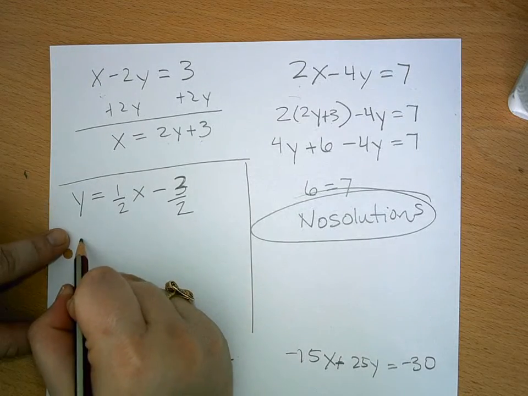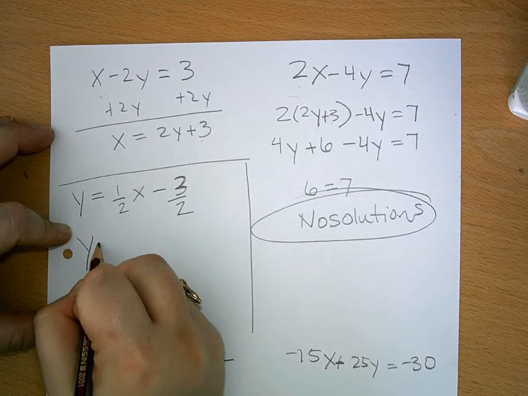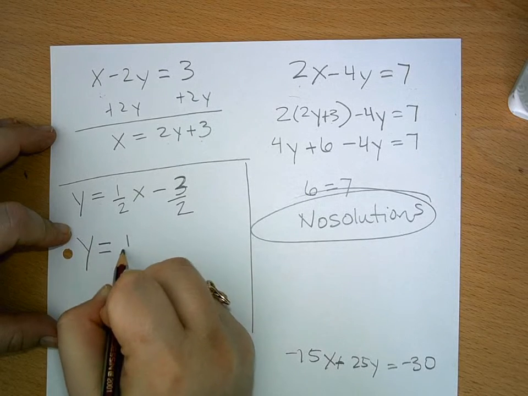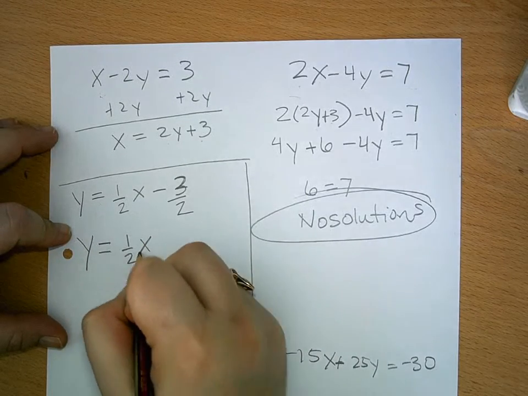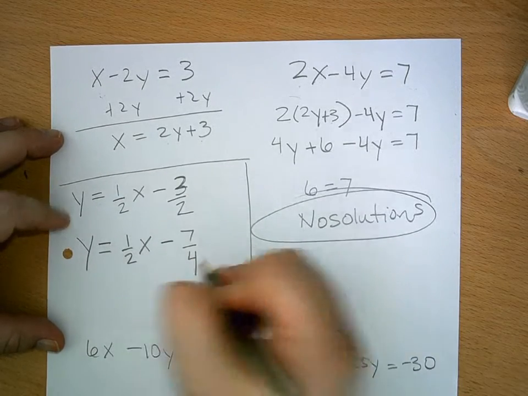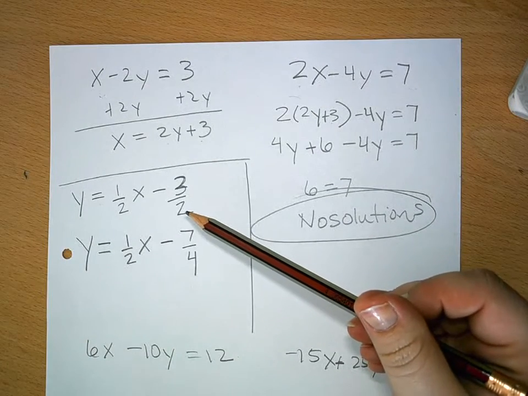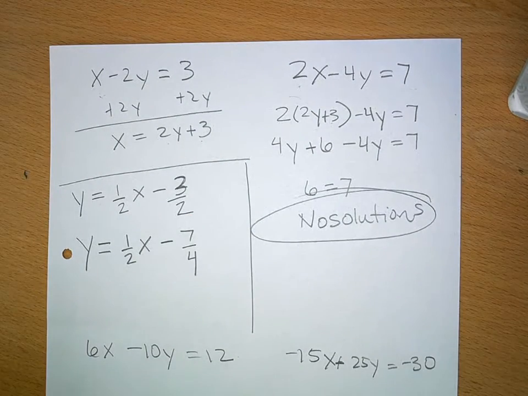This equation right here would be y equals 1/2 x minus 7/4. Already you can kind of see what's going on here. Both of these equations have the same slope, but a different y-intercept.